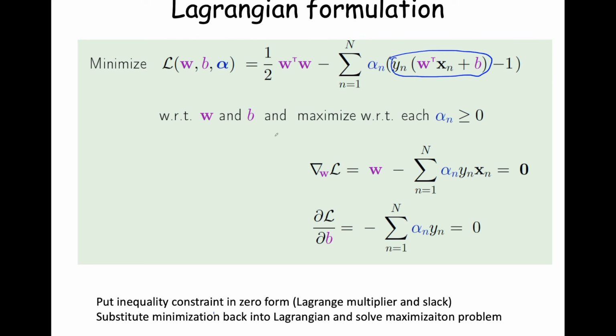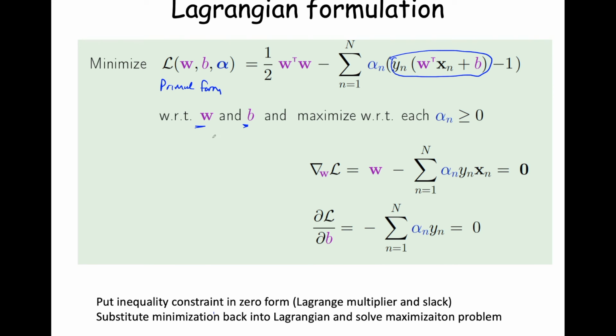We take this expression and we're going to perform 2 operations. We're going to minimize this expression, called the Lagrangian or the primal form, with respect to W, a weight vector, and B, the bias term.